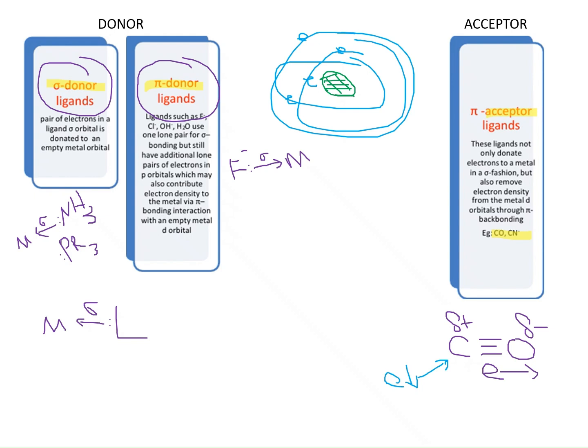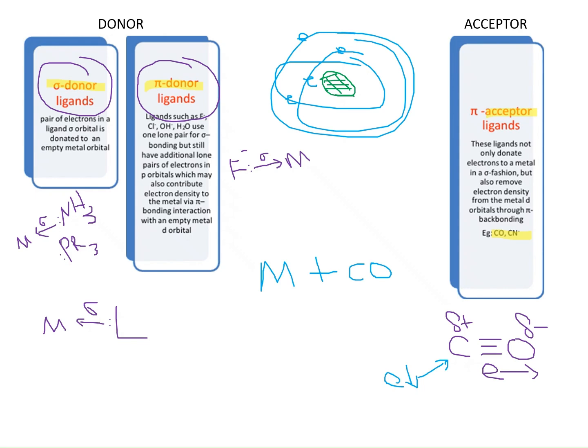Now, why is it called a pi acceptor? What I explained a few minutes ago is the characteristic of an acceptor. What makes it a pi acceptor? Let's look at the formation of a metal complex. For example, let's say we want to react a metal ion with carbon monoxide.